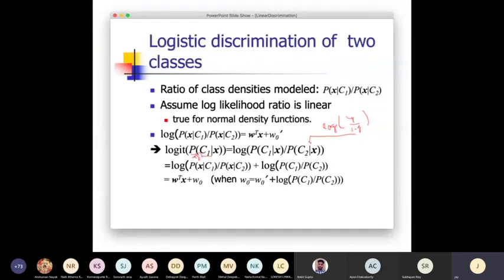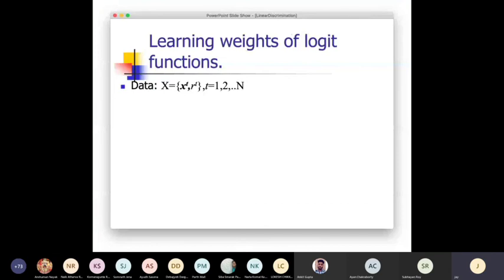Finally, as I was mentioning, your posterior can be computed in the sigmoid form, the sigmoid of the corresponding logit values. So that is the relationship, and if you can understand this, then understanding logistic regression becomes simpler.